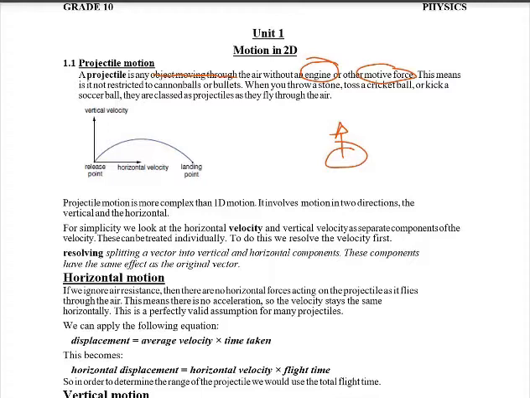That flame makes the object move up by action-reaction force, therefore it has an additional force to move upward, therefore it's not a projectile motion. But if there is no other motive force or engine to move the object upward, and the object is moving initially by the force applied on it, we can say that motion is projectile.